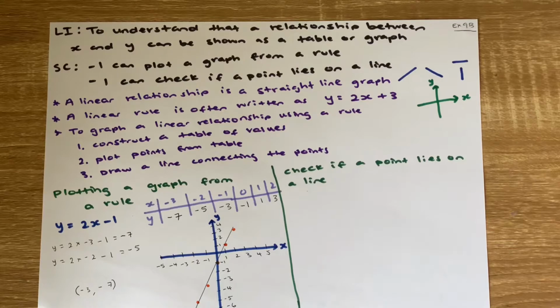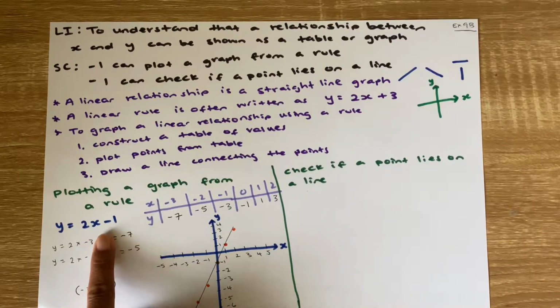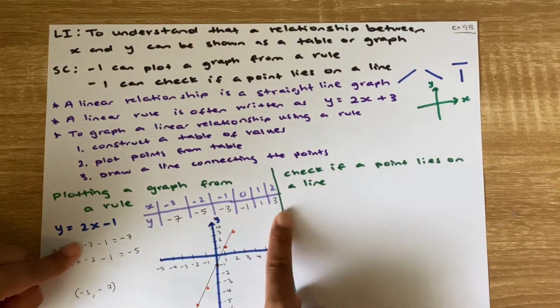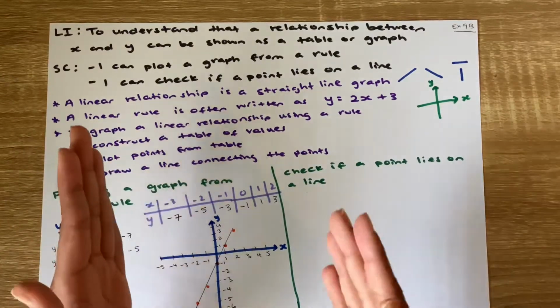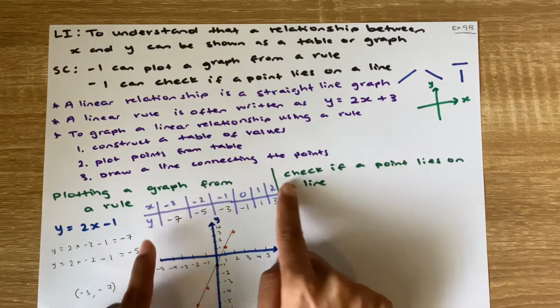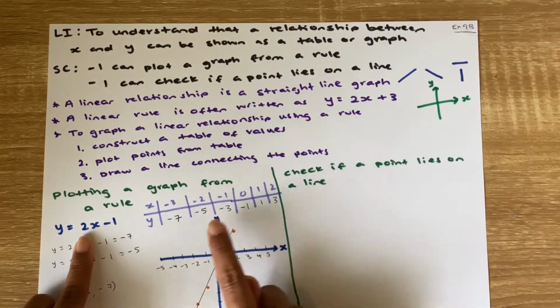So the first thing, just to recap what we've done, is I have been given a question to plot. I have then created a table. Usually you can go from some sort of negative number to some sort of positive number as your x's, and then you use that table and the rule to try to figure out what your y values are going to be.